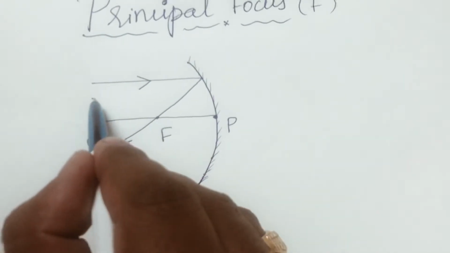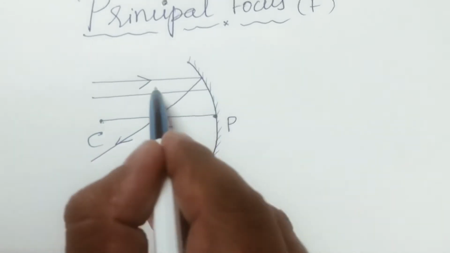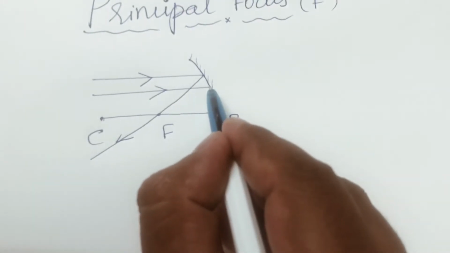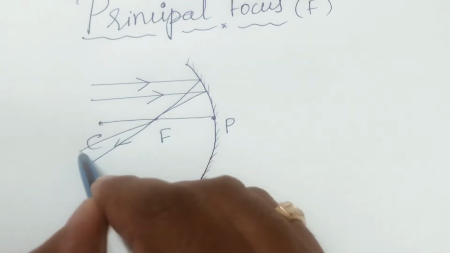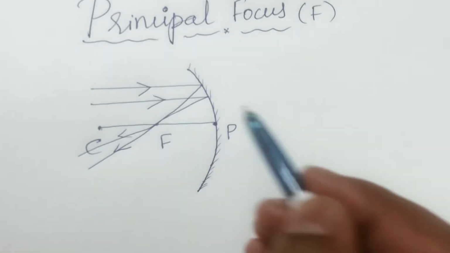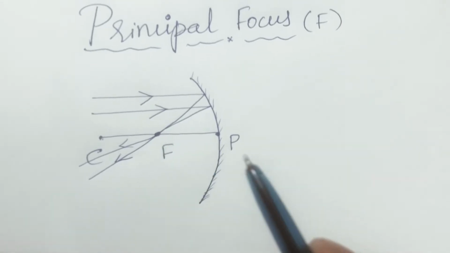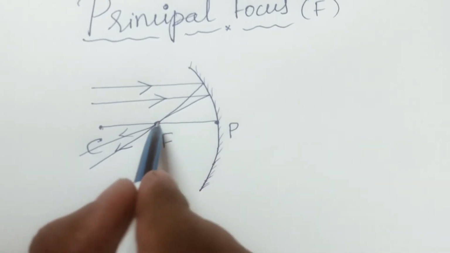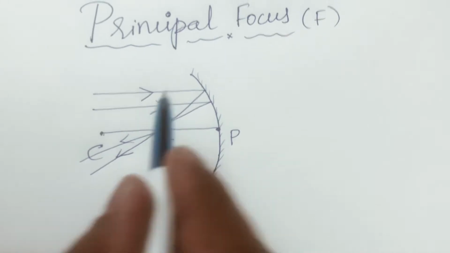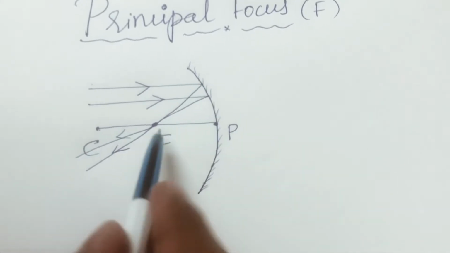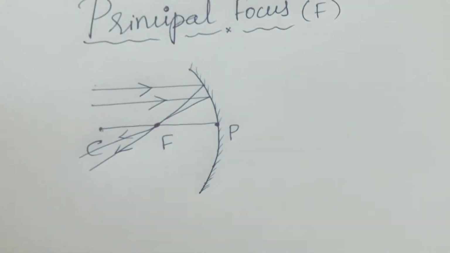We can try one more incident light ray coming parallel to the principal axis. After hitting the surface, it will pass via the focus. So this is the point where reflected light rays will pass when the incident light ray is parallel to the principal axis. This is called the focus.